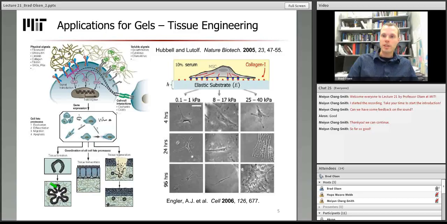One is the biochemistry of the polymer hydrogel. This is shown on the left by a figure excerpted from a review from Jeff Hubbell's group, Nature Biotech, in 2005.